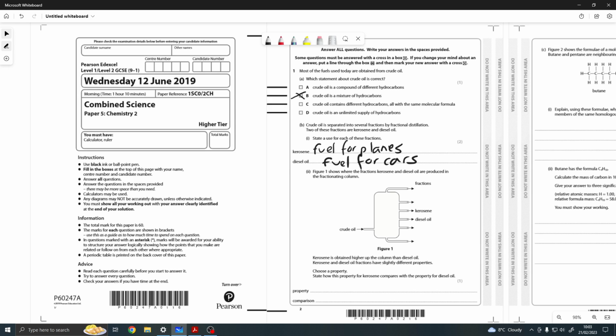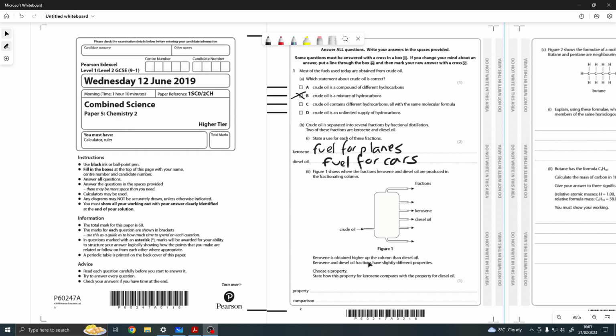Good. Now, figure 1 shows where the fractions kerosene and diesel oil are produced in a fractionating column. So there we go. It tells you there where they are produced in the column. All we have to do then is say kerosene is produced higher up in the column than diesel oil. Kerosene and diesel oil fractions have slightly different properties. Choose a property and state how this property for kerosene compares with the property for diesel oil.